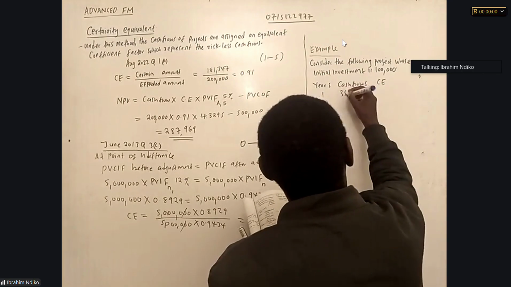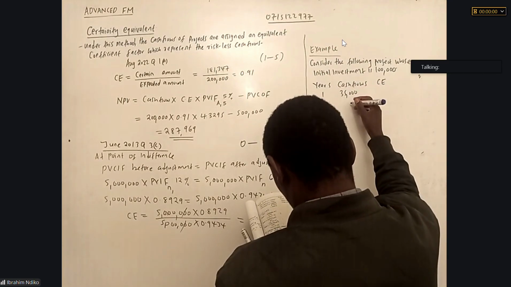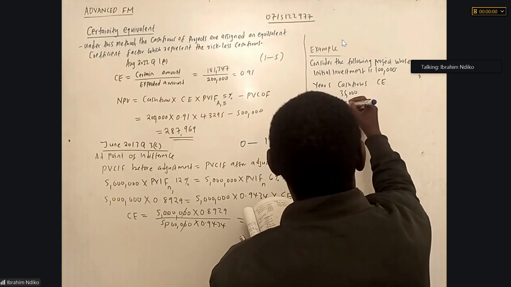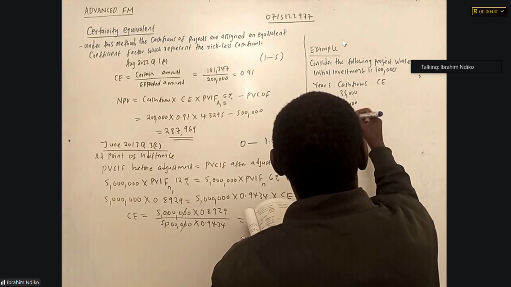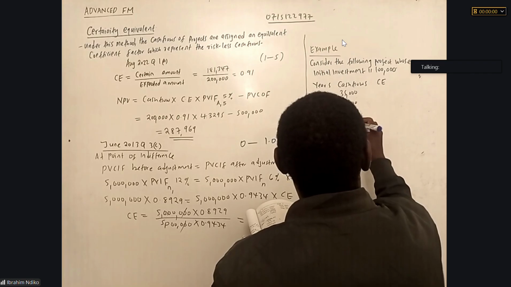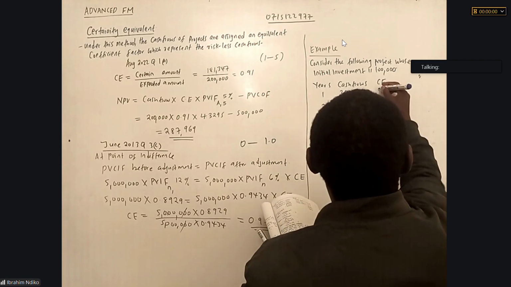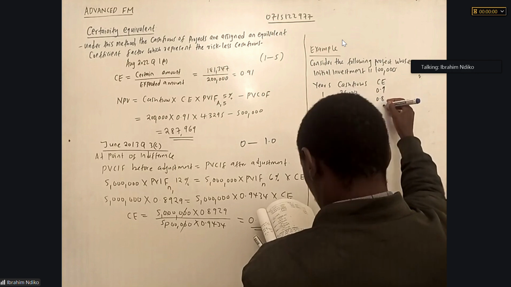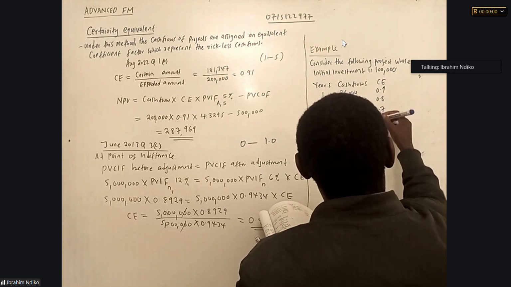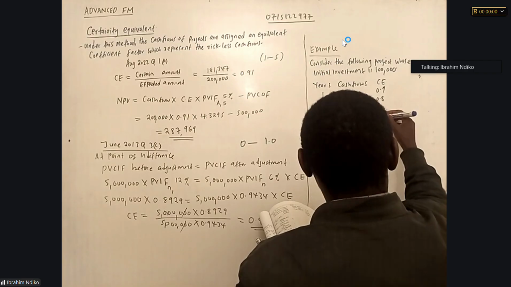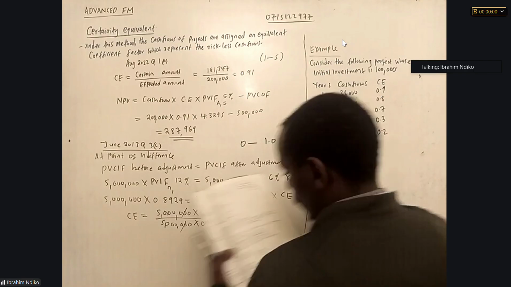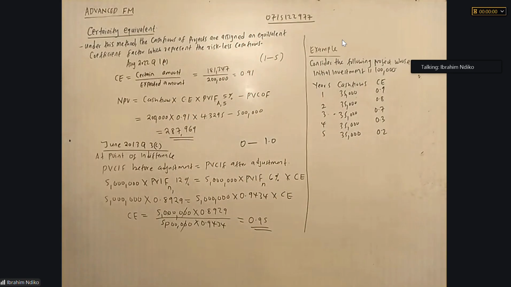The cash flows are 35,000 each year, and the certainty equivalents are 0.9, 0.8, 0.7, 0.3, 0.2. Inaonekana? That is our table. So you have the years and the equivalent. Cost of capital is 10%.